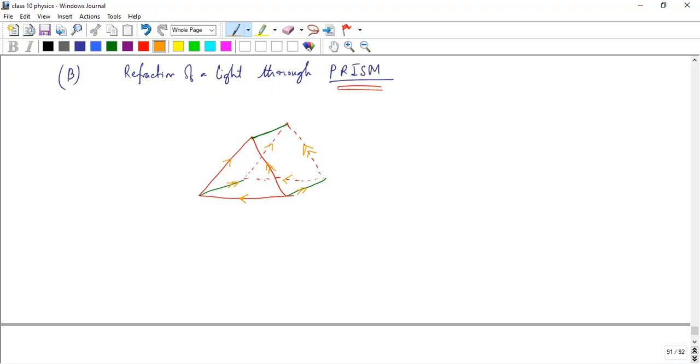Here, there are not 4 but 6 vertices: 1, 2, 3, 4, 5, 6. And there are mainly five faces: face 1 here, the same on that side, face 2, face 3, front face 4, and down face 5.